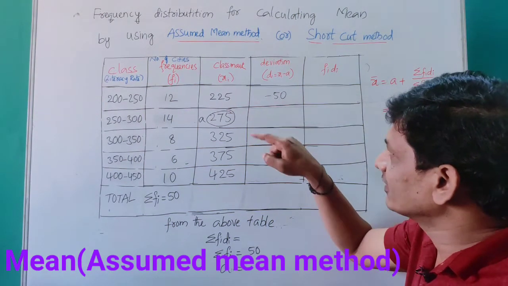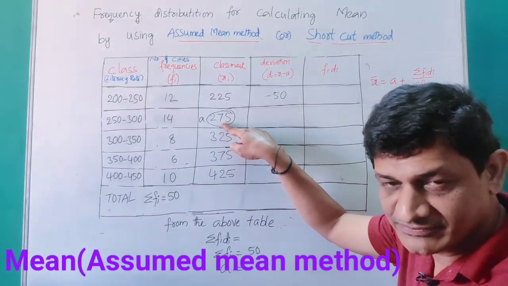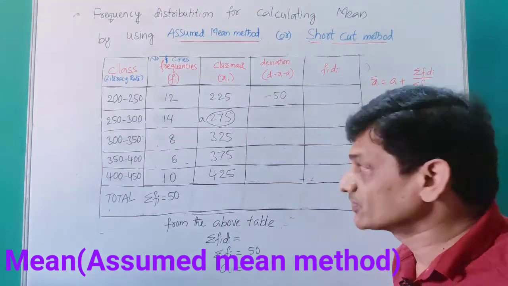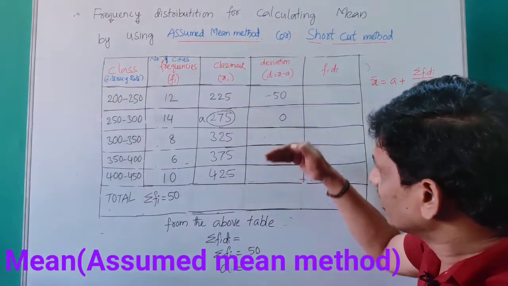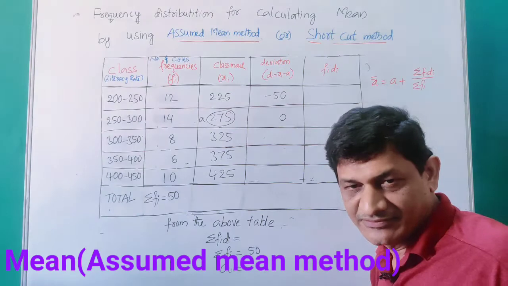And coming to the second one, di equals xi minus a. Once again, xi is 275 and a is itself 275. 275 minus 275 is 0. So complete all those rows like that.